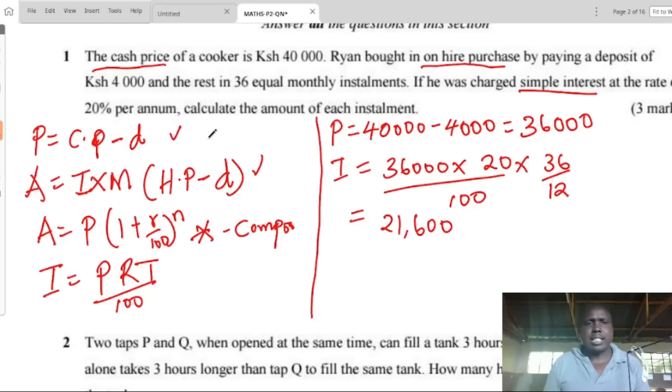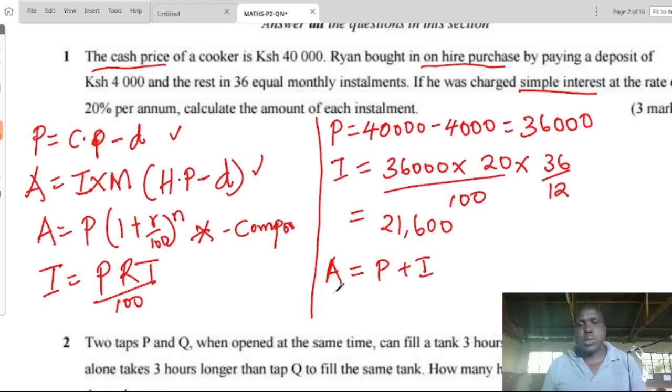But the question asks us to calculate the amount. When you are dealing with simple interest, the amount is equal to principal plus interest. The principal is the money you put in the bank and the interest is what you gain while in the bank, and the total is the amount.